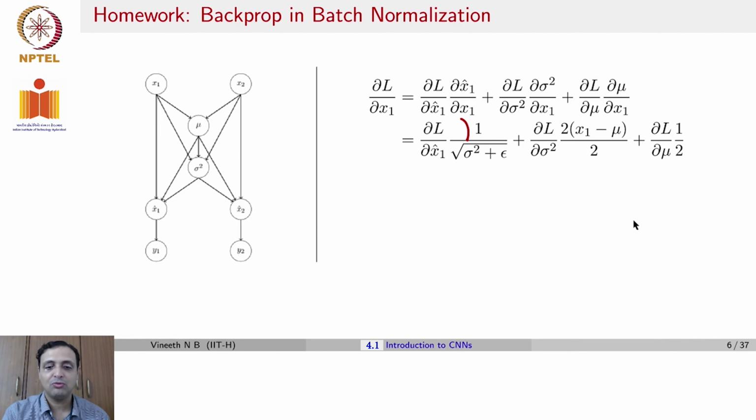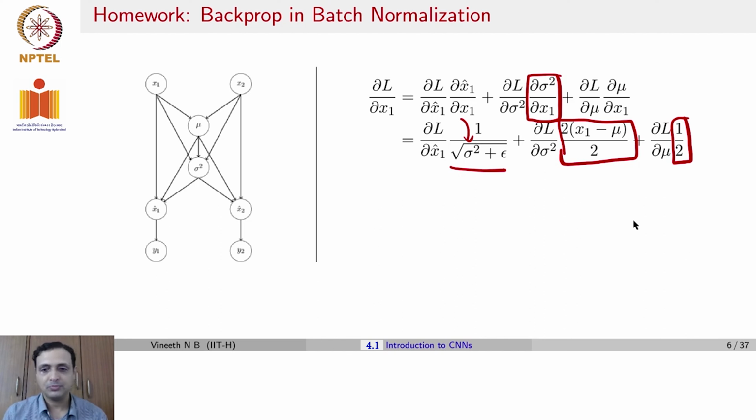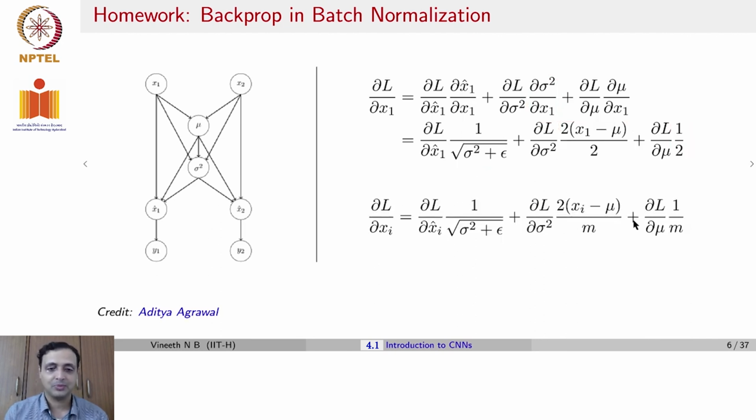So this one follows as it is, ∂x1 hat/∂x1 by, once again, the definition of x1 hat, you will get it to be this term. ∂sigma square/∂x1, once again by the expansion of sigma with respect to x1. Now you don't need to worry about the x2 term, so you'll have only one gradient term here. You get this. And finally, ∂mu/∂x1 would simply be 1 by 2 here, by definition of mu and how it's connected to x1.